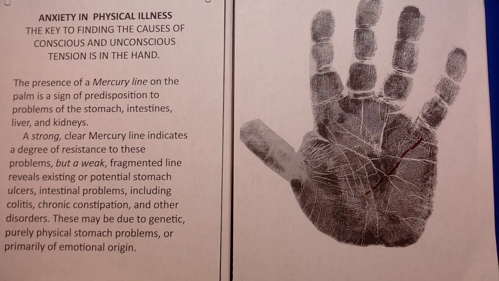And if something goes wrong there, you might get ulcers, intestinal issues, colitis, or constipation. So many disorders. And it all seems to boil down to emotional. So that's where this unconscious comes in.